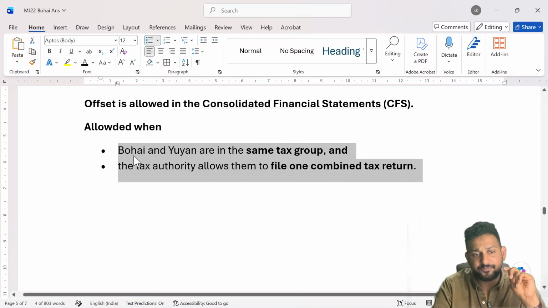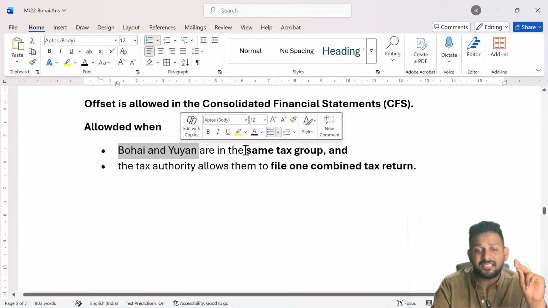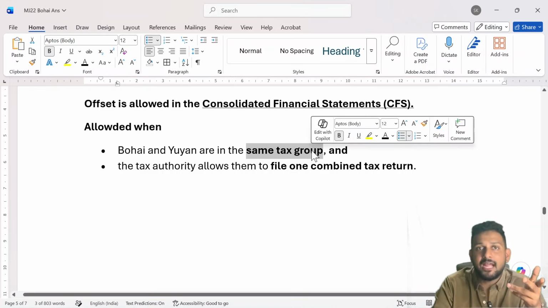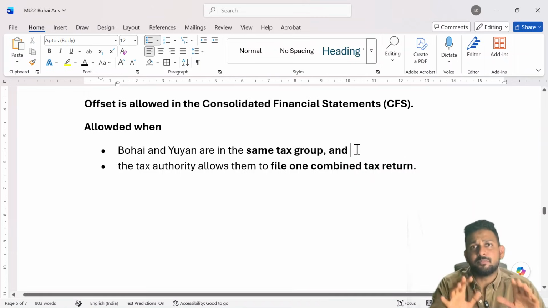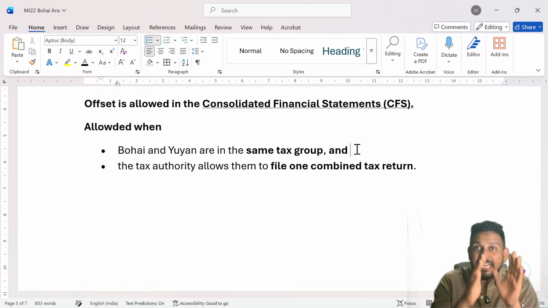What are the two conditions? The first condition is that Bohai and Yuan are in the same tax group. What is a same tax group? Very simple. The tax authority should tax the companies based on the consolidated SOPL, not the individual SOPL.